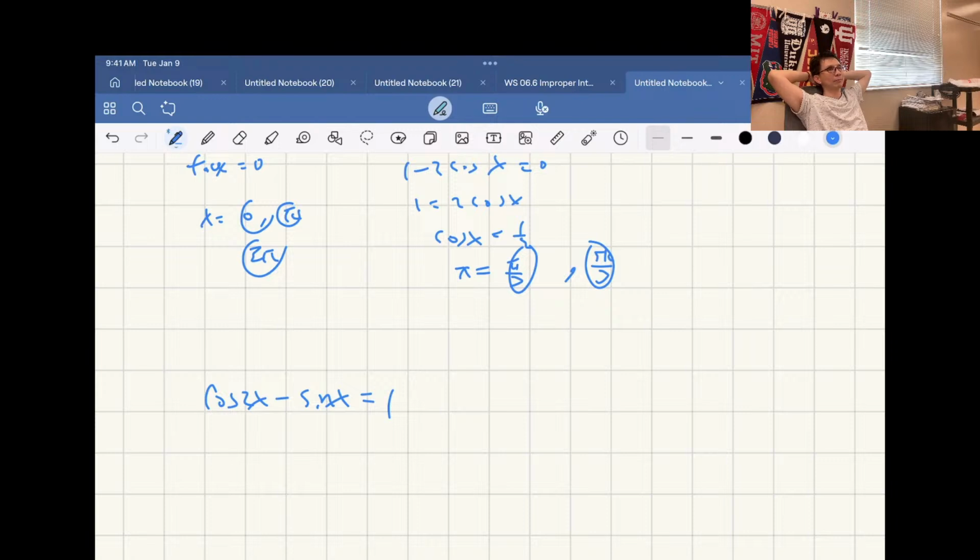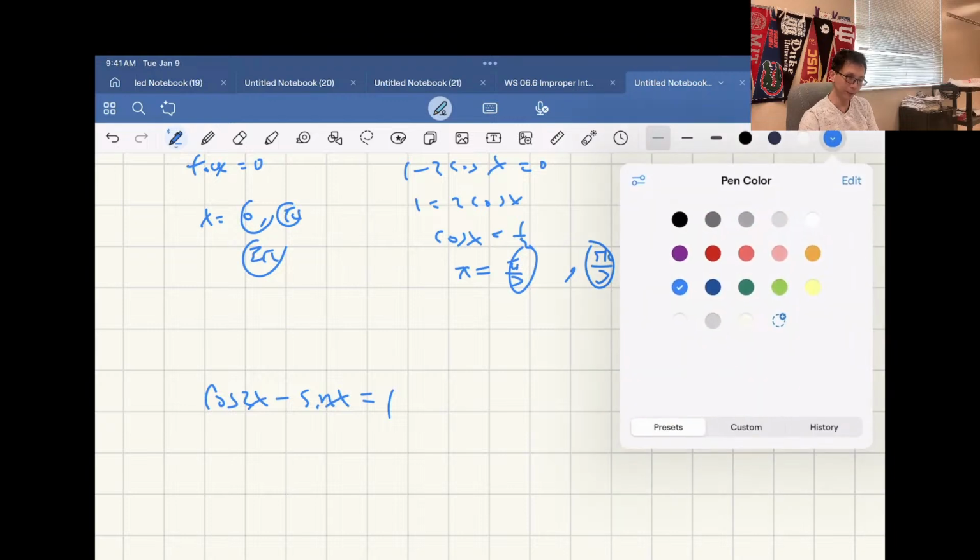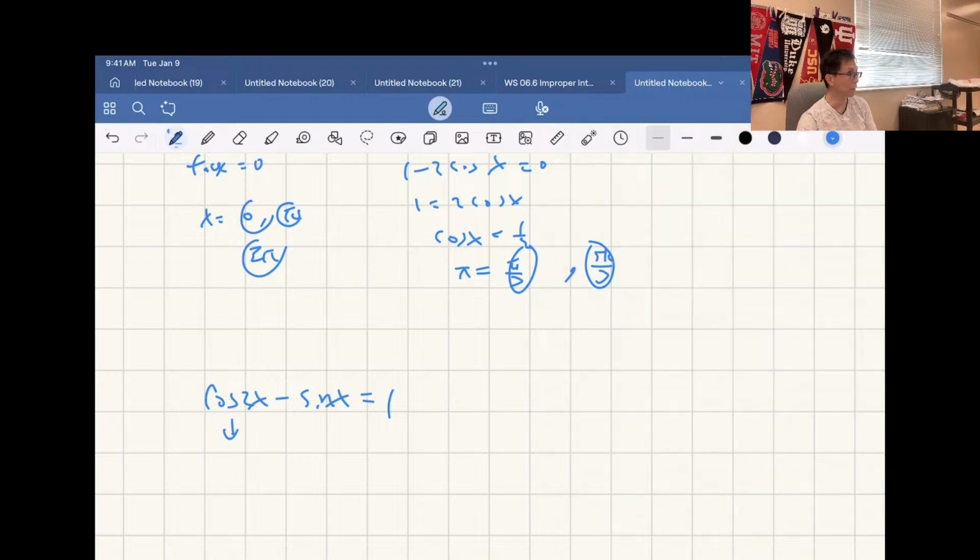How do I make them the same? Well, since we have the cosine of 2x, we can use a double angle identity. Good. What would it be? There are 3 different versions of that. I think it would be 1 minus 2 sine squared of x.